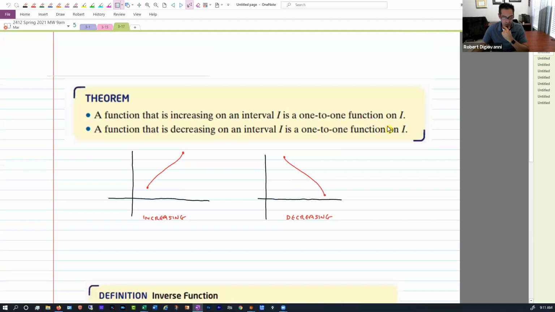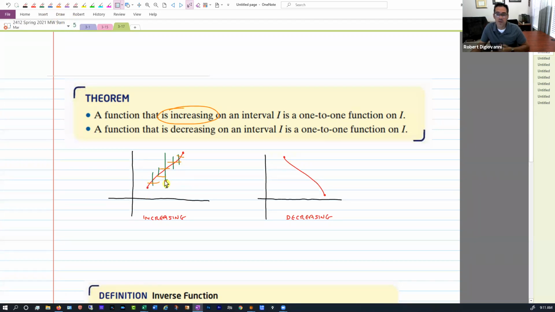Now, there are a couple of things that can make quick work of whether or not we have a one-to-one function. If you have a function that is increasing on an interval, meaning going up as you read it from left to right, like this example, then on this interval we are one-to-one. The vertical line test would always work here, and in that little interval the horizontal line test would also work.